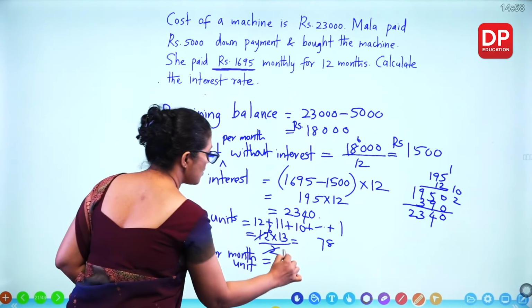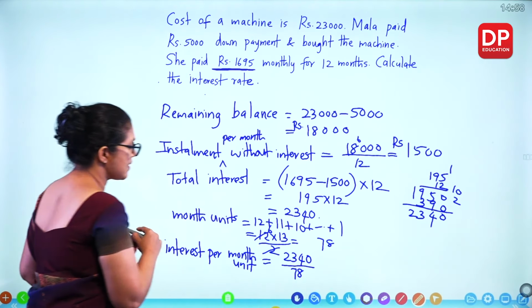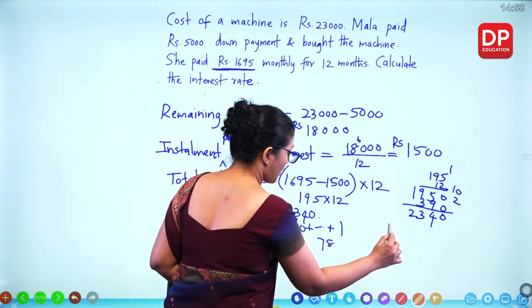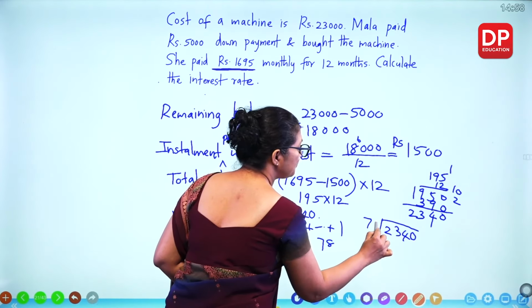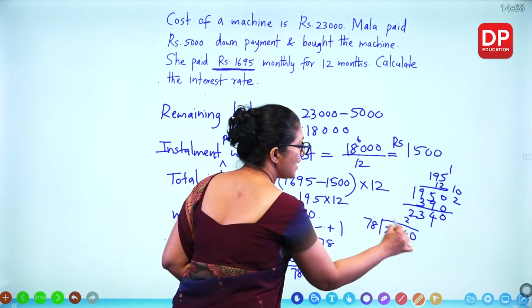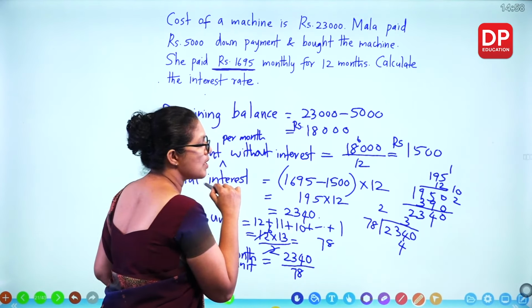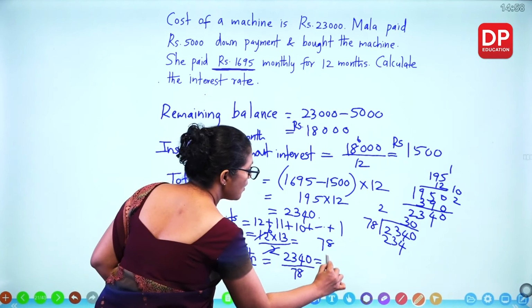Total interest is 2,340 divided by 78. Multiplied by 3, 3 times 24, 2 remaining, 3 times 7, 21 plus 2, 23. So 30 rupees.